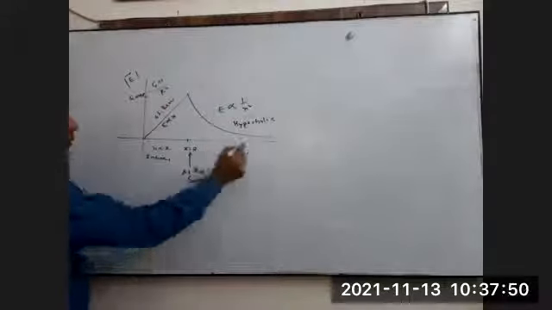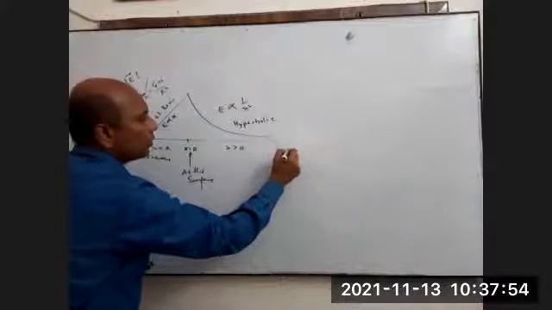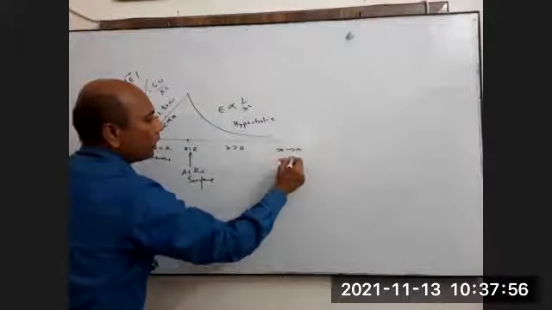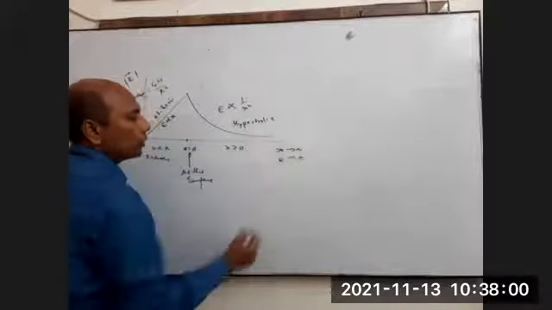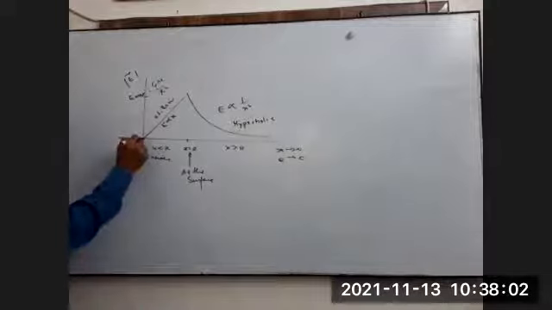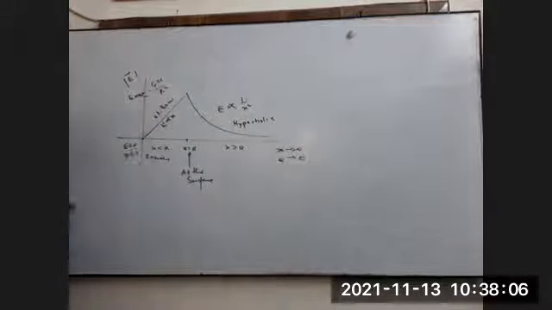Okay. The field is reducing now, and when x tends to infinity, the field tends to 0. But the field is exactly equal to 0 when x is equal to 0, at the center only.